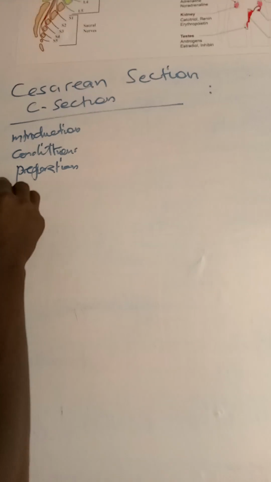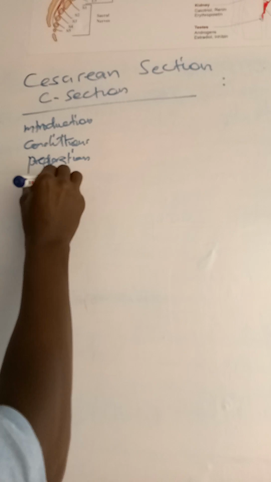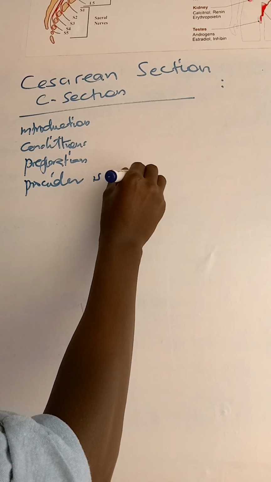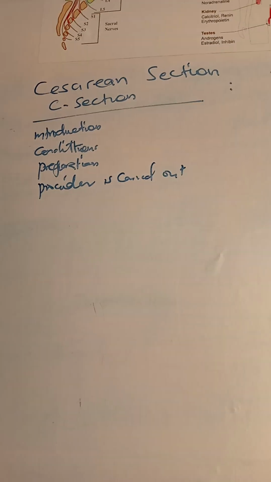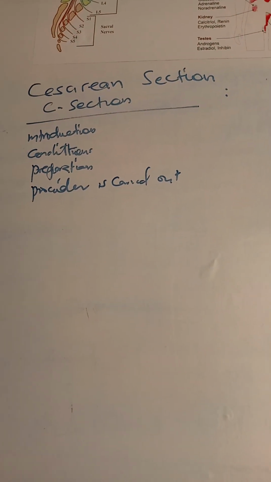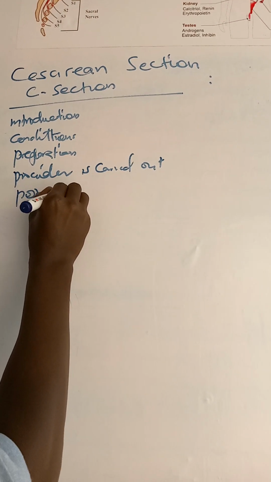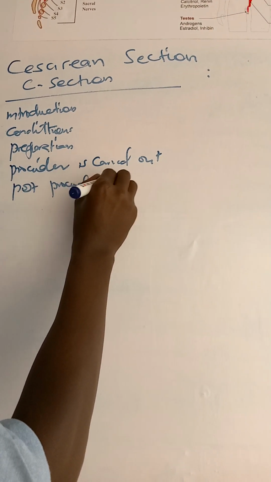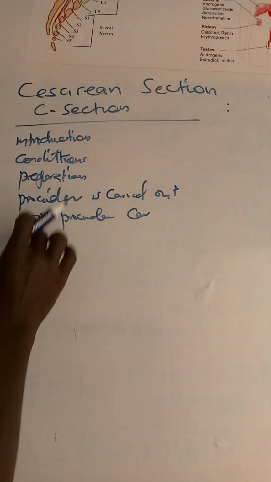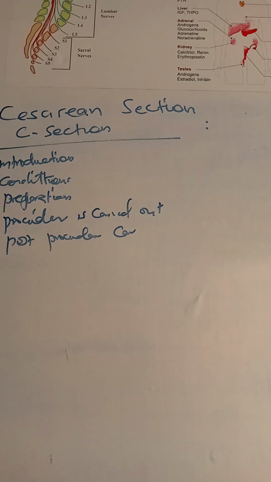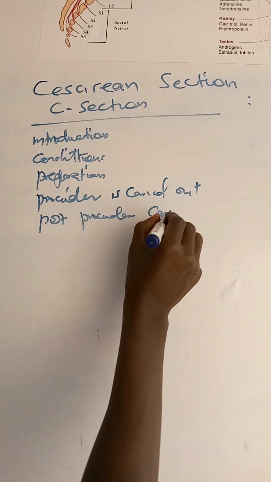We'll also be looking at the procedure itself, how the procedure is carried out. All done, then we shall look at the post-procedure care. So you can talk of pre-procedure care and post-procedure care.